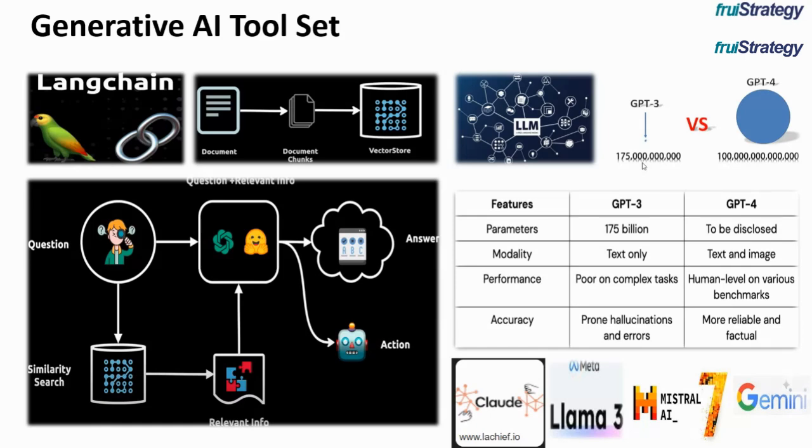So that comes to 175k billion parameters that have been added. That is where it is able to respond close to human interaction. Close to human interaction.